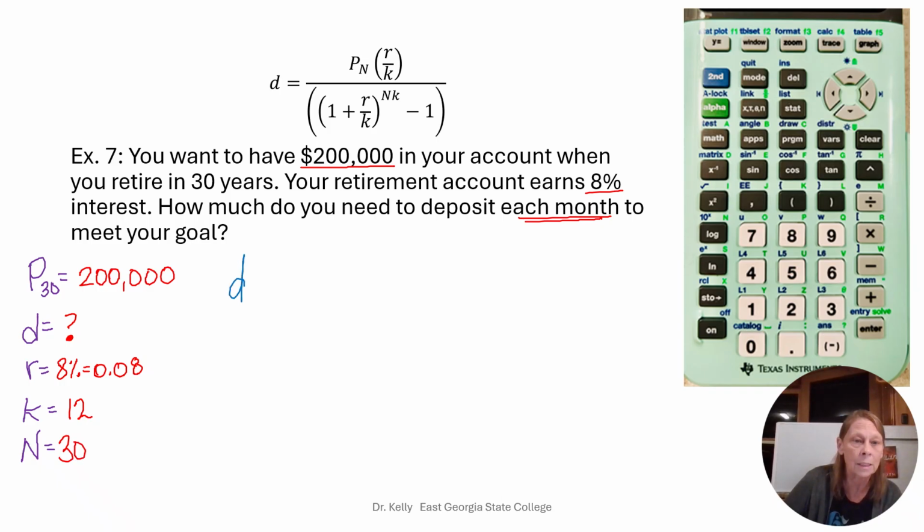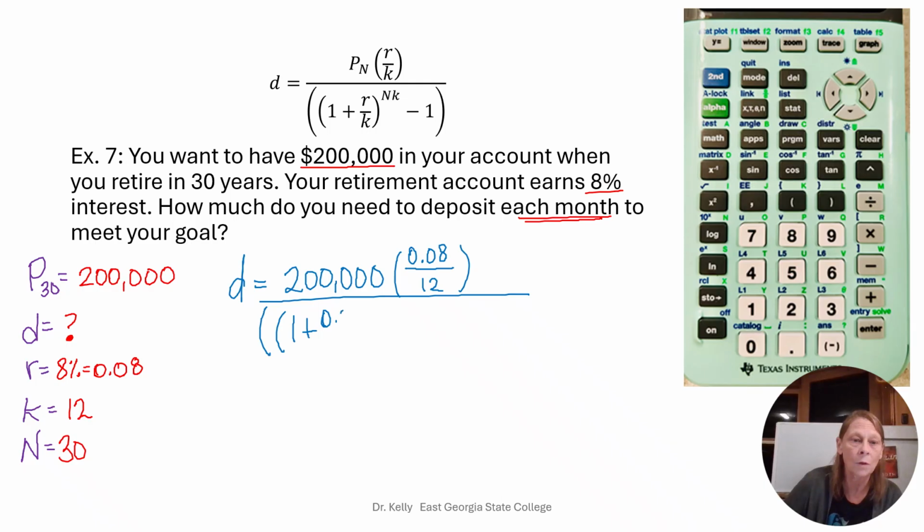So D is equal to 200,000 times 0.08 over 12, divided by open 1 plus 0.08 over 12 to the 12 times 30 power, minus 1, close.